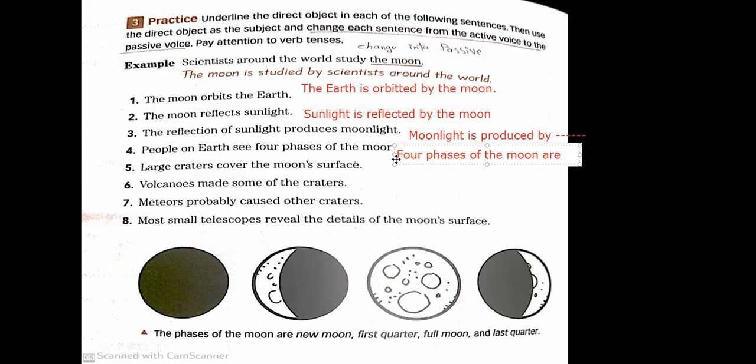The third form of the verb. We said see, saw, seen. So we can say what here? 4 phases of the moon are seen. By whom? Complete the sentence. By people on the earth. Is it clear for you, Faris? Yes. Okay.